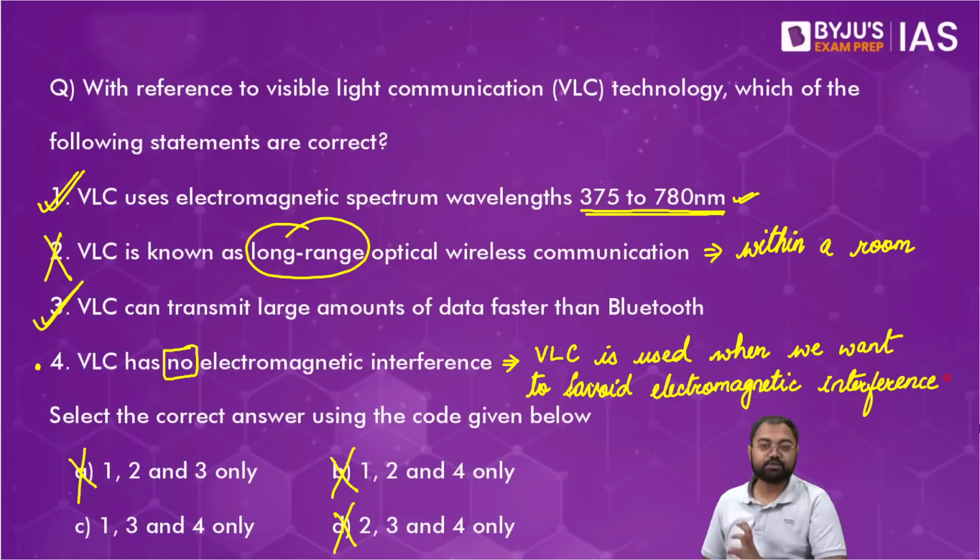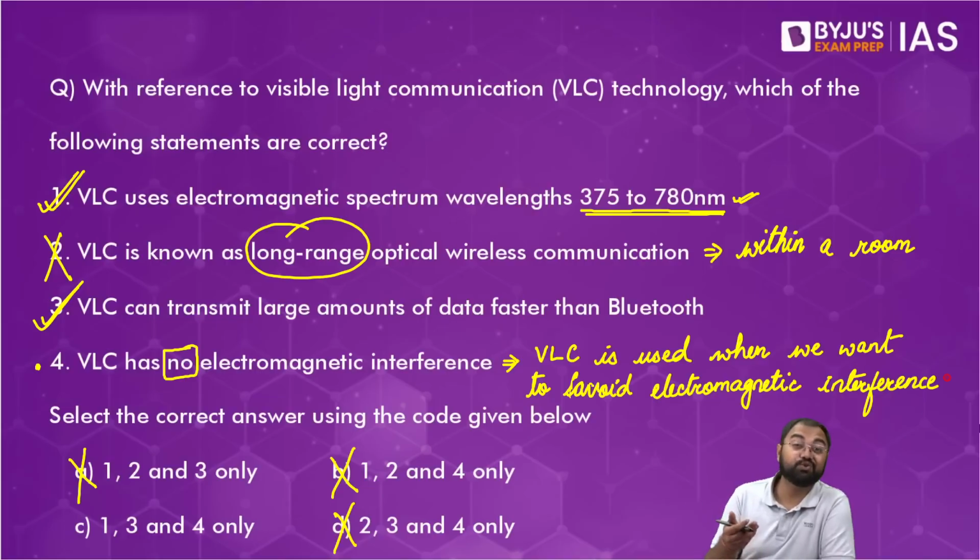But saying that it has no electromagnetic interference in the strictest of the senses, I would say that this is a wrong statement, because if there are two similar sources of Li-Fi in the same place and both are propagating messages, then in that case there are slight chances that in between them there could be an interference. So that's why from that perspective it would be wrong.